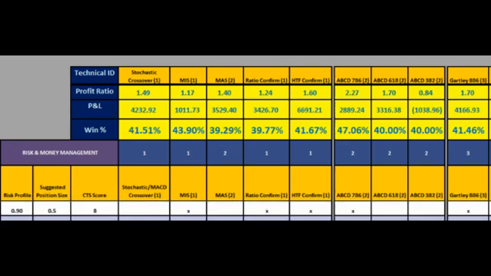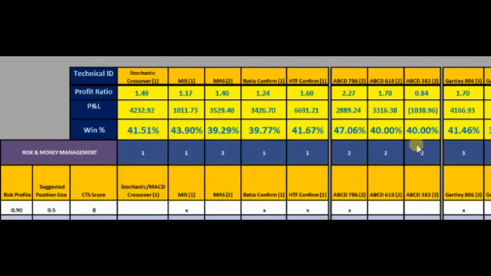Looking in detail at my Pro Trader dashboard, this particular Gartley pattern completion has a 41.46% chance of winning. However, it does have a total profit and loss for the year of $4,166 just on this one particular trade characteristic, with a profit ratio of 1.7.